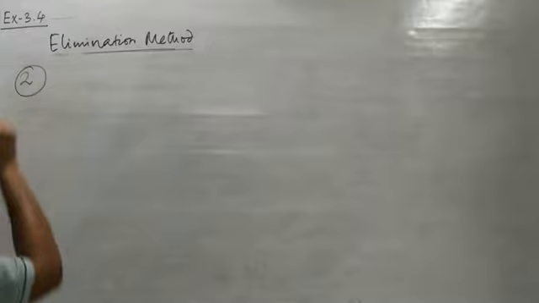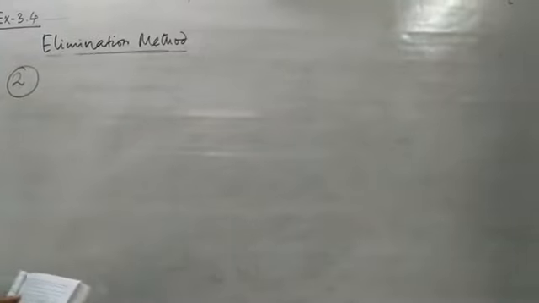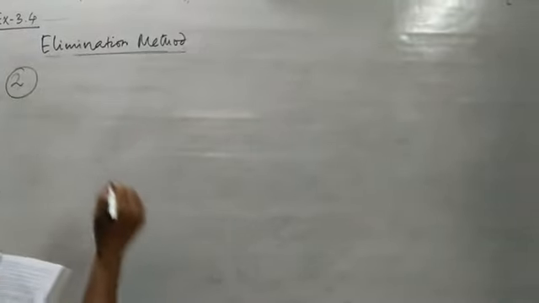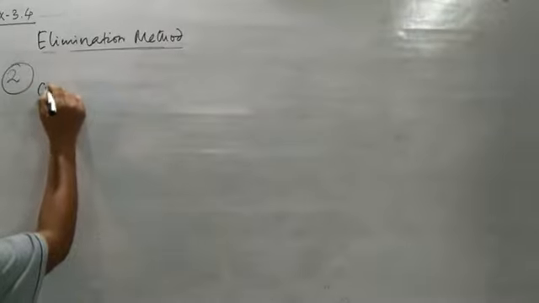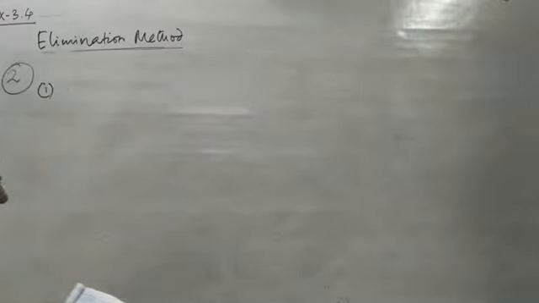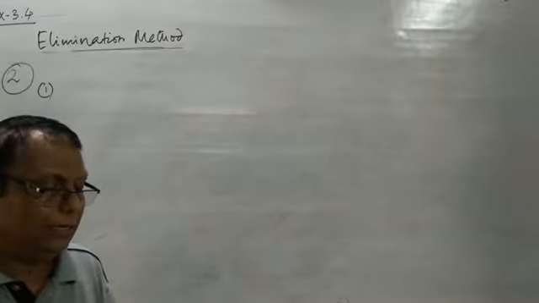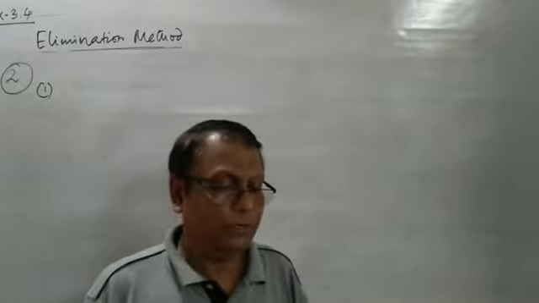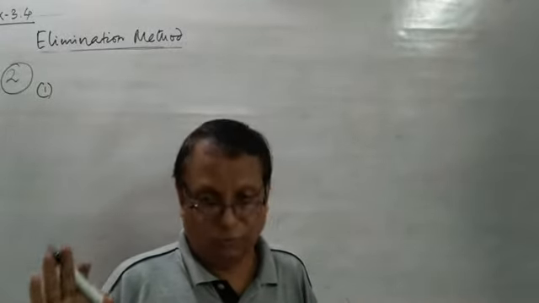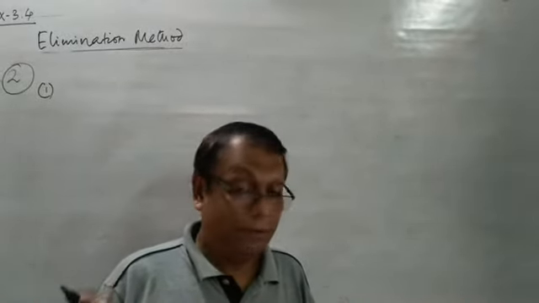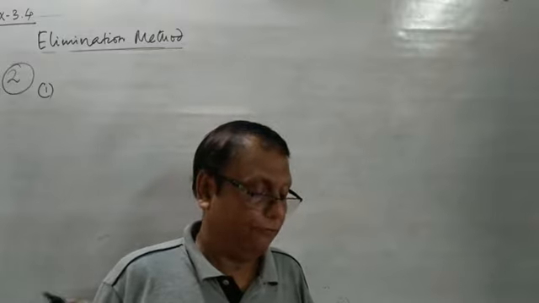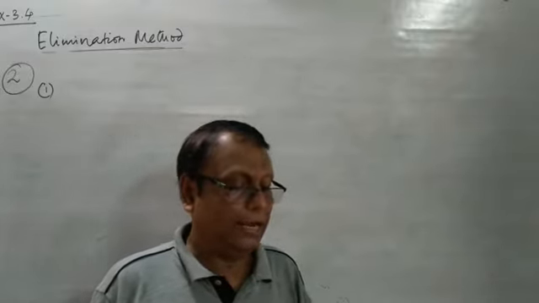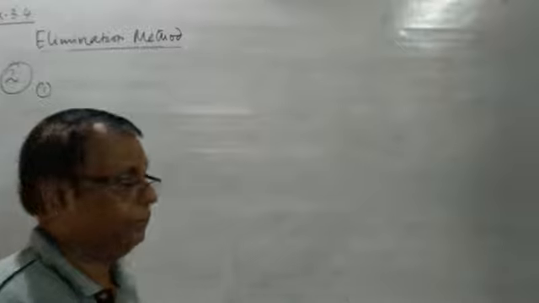Number 2. We will discuss two problems from this word problem. The first one we will discuss. Question says, if we add 1 to the numerator and subtract 1 from the denominator, the fraction reduces to 1. It becomes 1 by 2 if we only add 1 to the denominator.